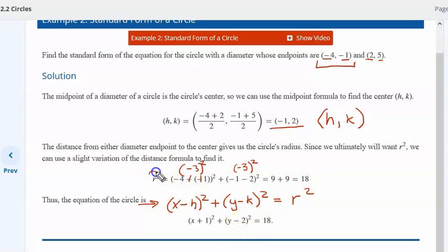And we know our r squared value was 18, and that's what we have. Okay, so again, a lot of math, a lot of arithmetic, but hoping you picked up where things go and how we got them.